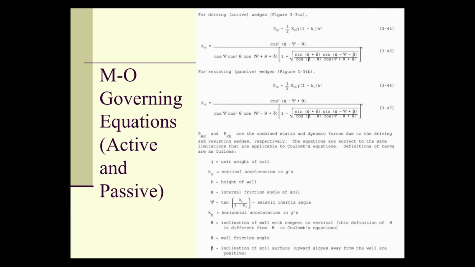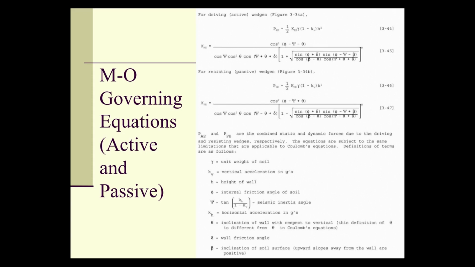Second, the big change between this and Coulomb theory is the seismic inertia. And by the way, just as a note, this should be arctangent of KH over 1 minus KV, not just tangent of it. It should be tangent minus 1 of that; psi is the seismic inertia angle. The seismic inertia angle basically allows us to insert the seismic conditions into Coulomb theory without a major disruption.